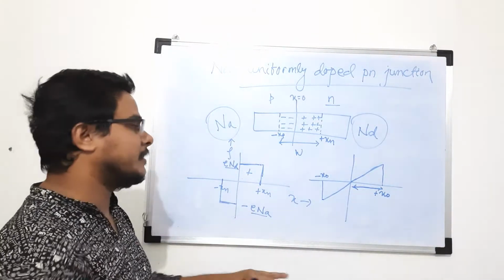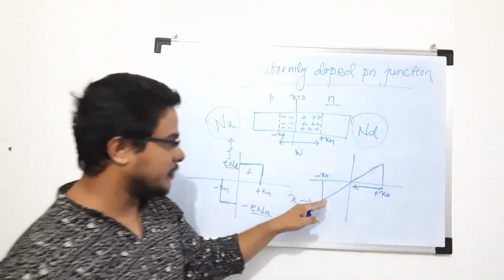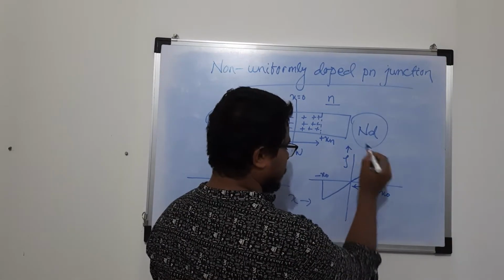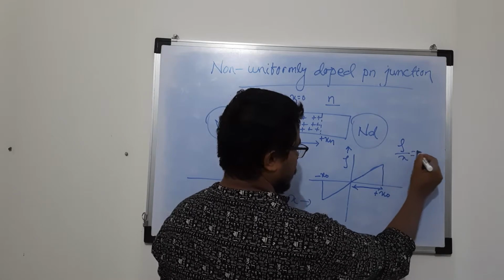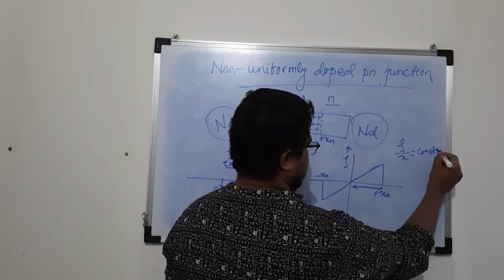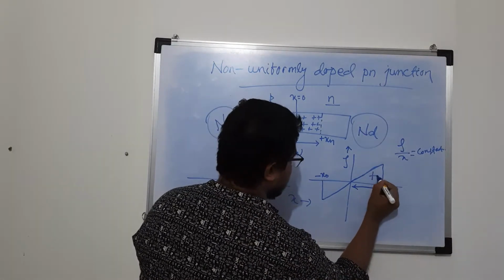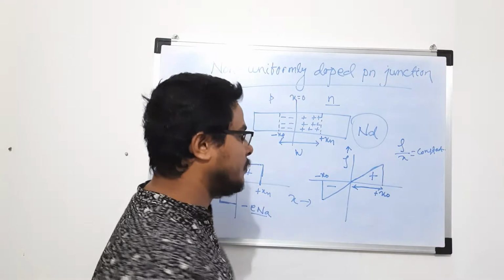To keep it mathematically simpler, we consider this non-uniformly doped PN junction. If you take rho, the volume charge density, and x, then rho by x is constant, with a constant slope. So the space charge region here, positive and negative, has rho by x equal to a constant.